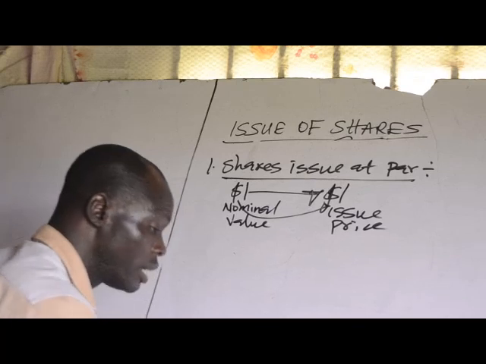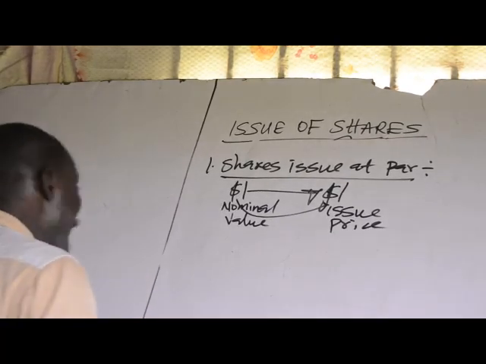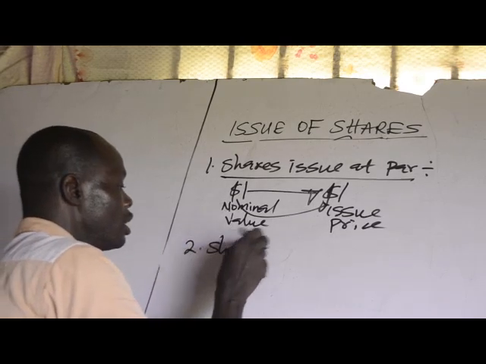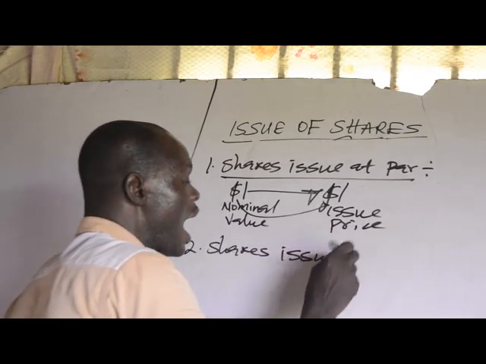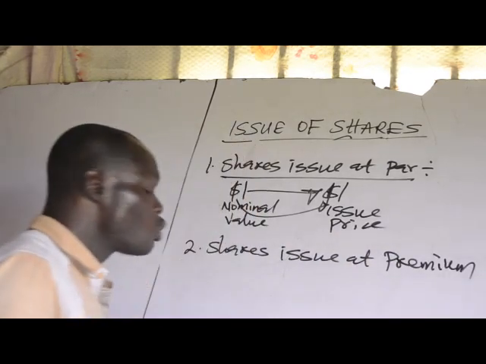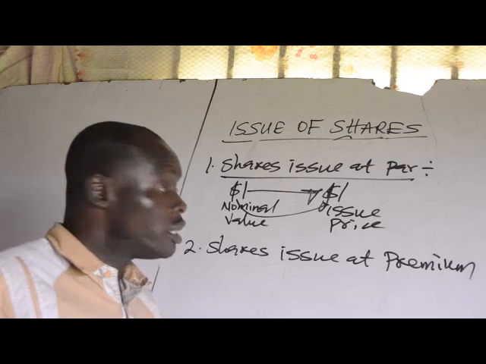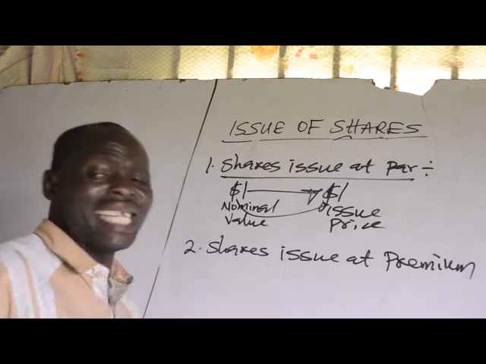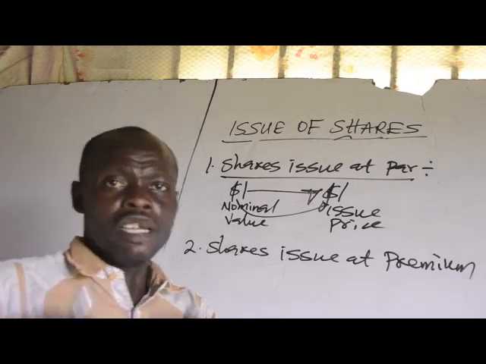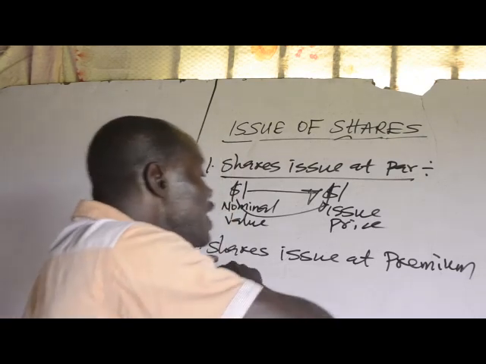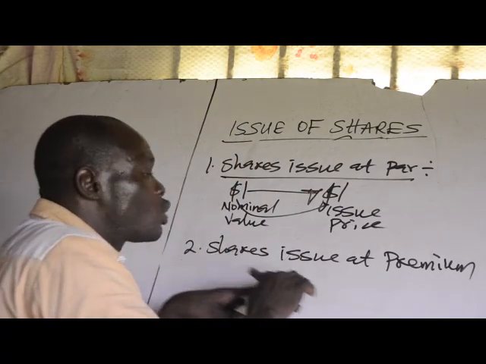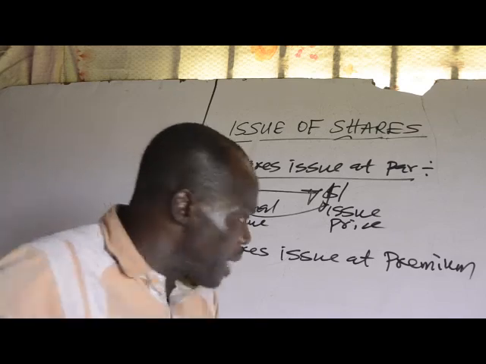Number two, shares issued at premium. This is when shares are issued above their nominal value. When shares are issued above the nominal value, such shares are said to be issued at premium.